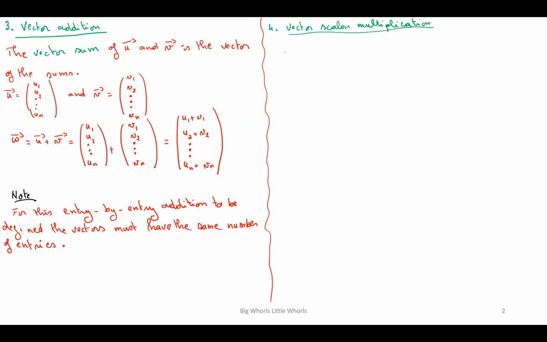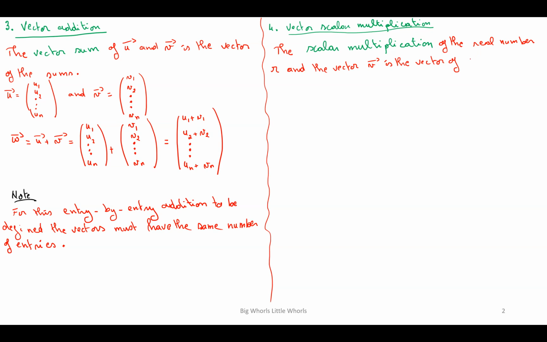The scalar multiplication of the real number r and the vector v is the vector of the multiples.